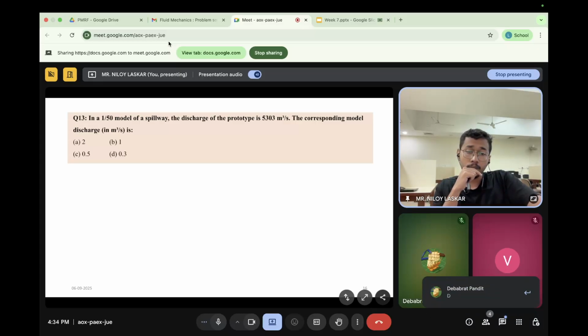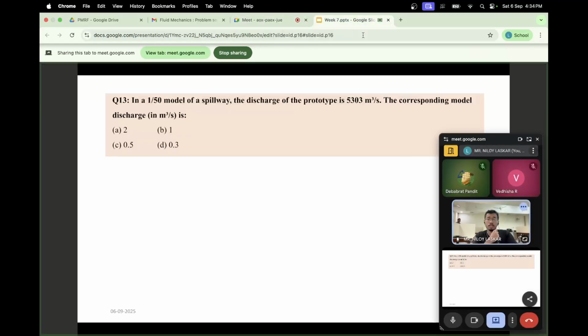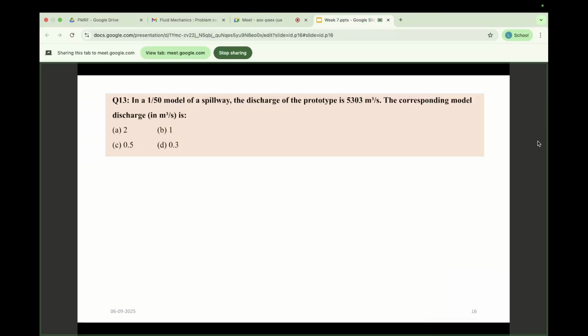Okay, Devbrat has answered option D. Then I think as both of you have answered, option D will be the correct answer. So let us check.